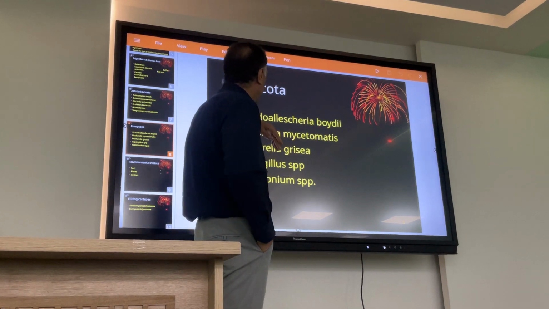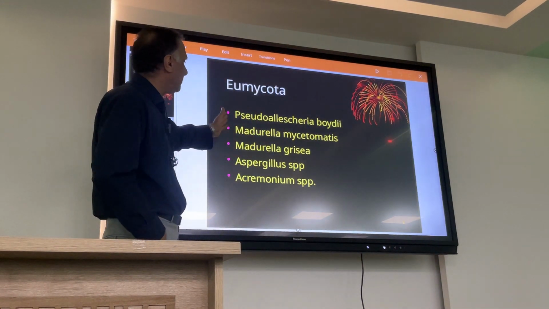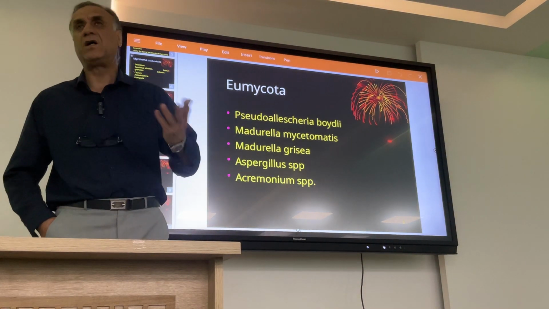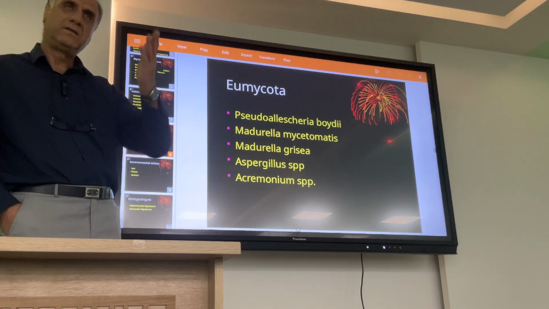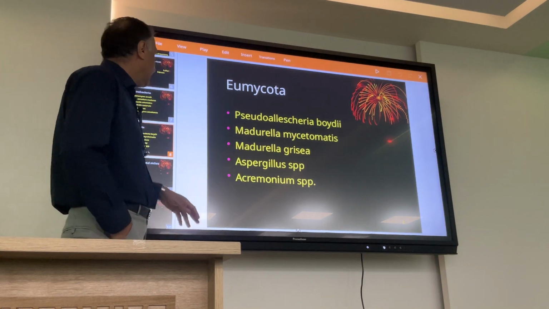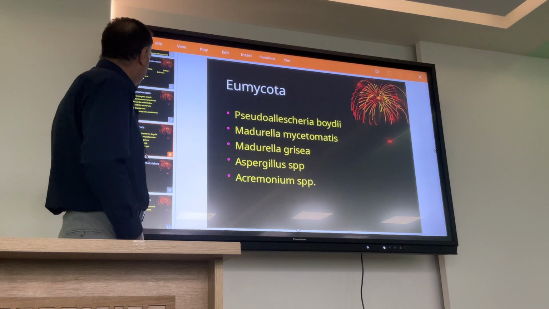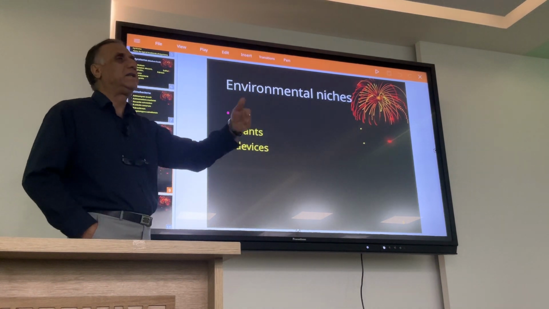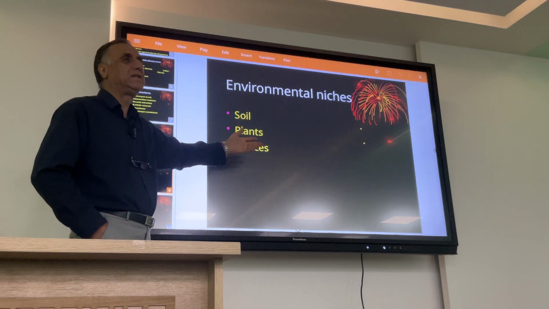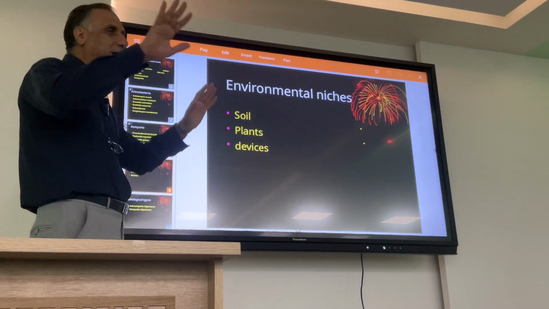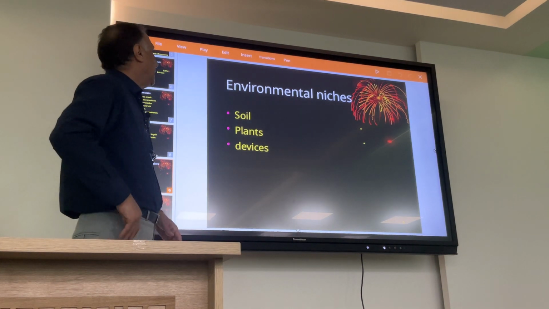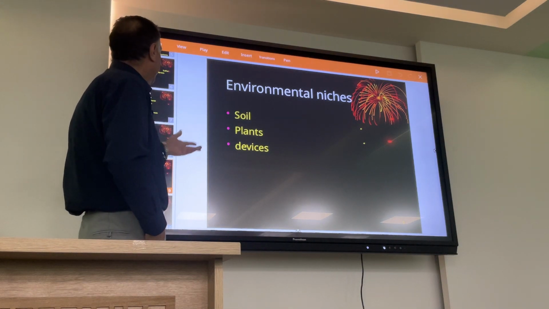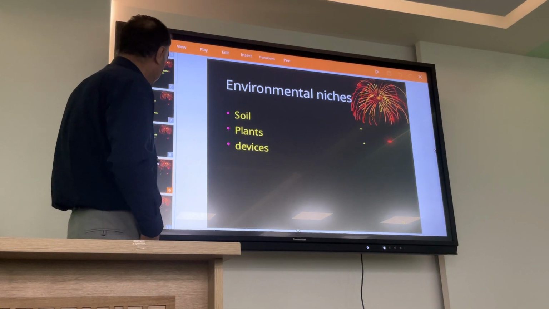Another genus is Madurella, Aspergillus, Acremonium, Fusarium, Helminthosporium, and many mycelial fungi, all of them are in air, in soil, in plants, in devices. All materials in media can have spores of fungi and bacteria.